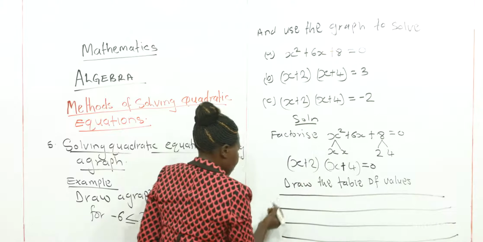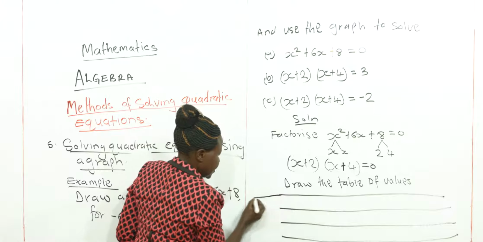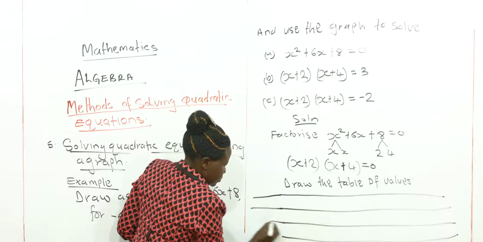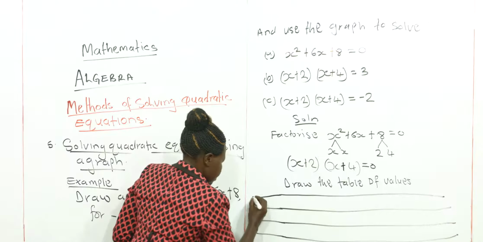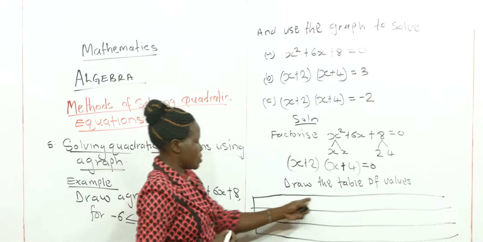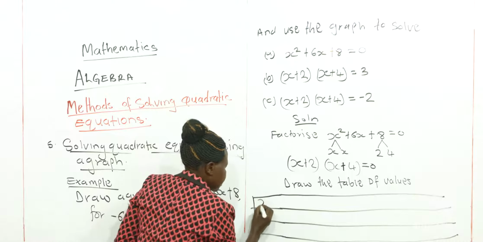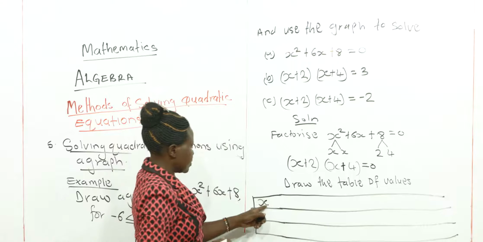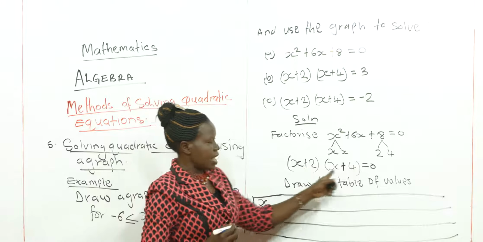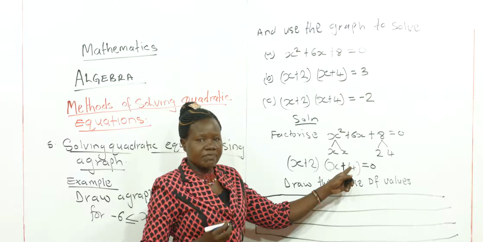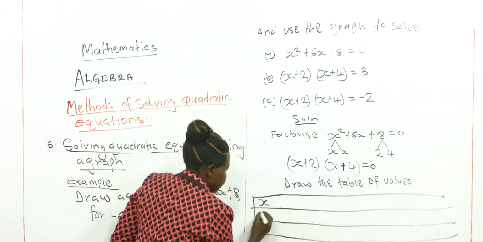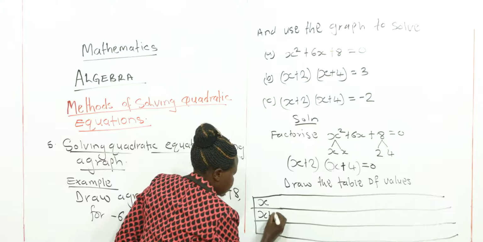So our table of values will appear in this nature, learners. On the first row, we shall have x. And then on the second row, we shall be having these factors. The first factor is x plus 2.